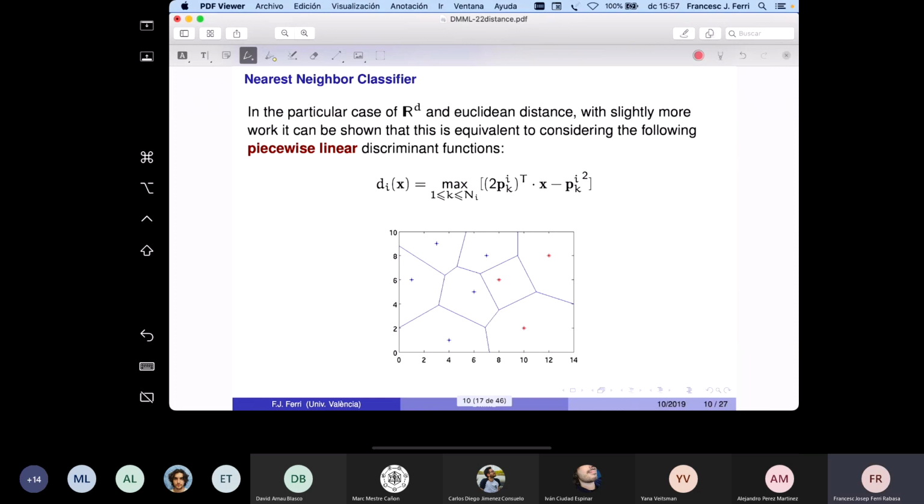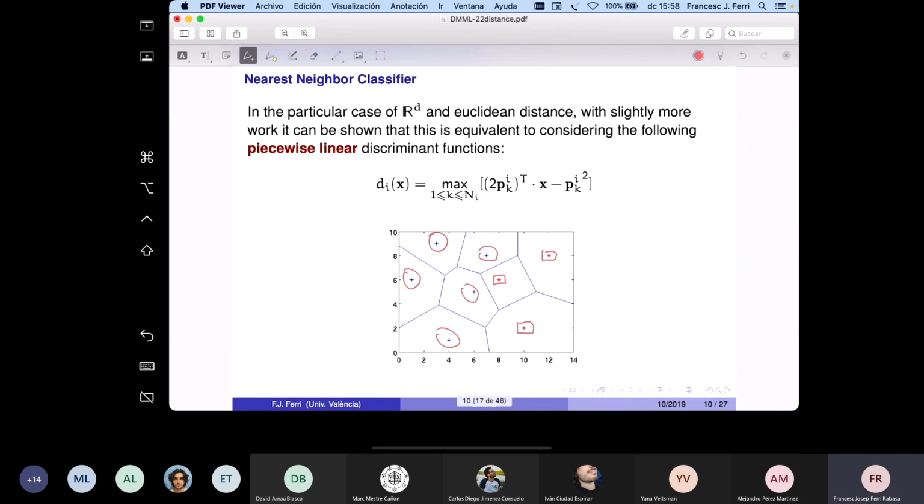Okay, without entering into details, the analysis of this rule in the Euclidean case is exactly the same as before. Now we have 1, 2, 3, 4, 5 prototypes of class 1 and 1, 2, 3 prototypes of class 2.